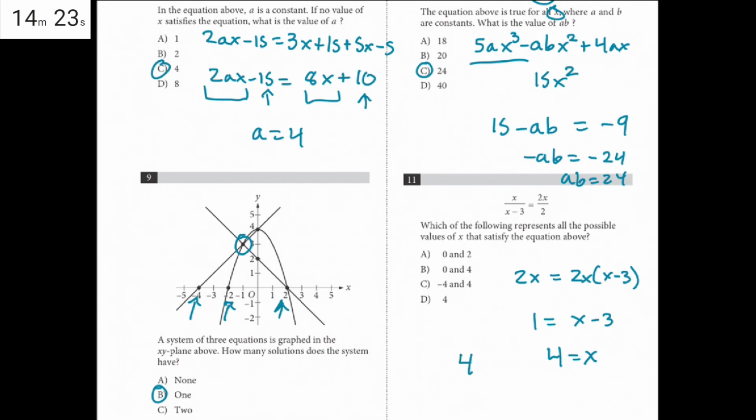So 4, let's make sure 0 isn't one of them. 0 would give us 0 on both sides, so that's valid. So 0 and 4 are good. Now let's try 2. 2 over minus 1 must equal 4 over 2, which is not true. So it's got to be B.